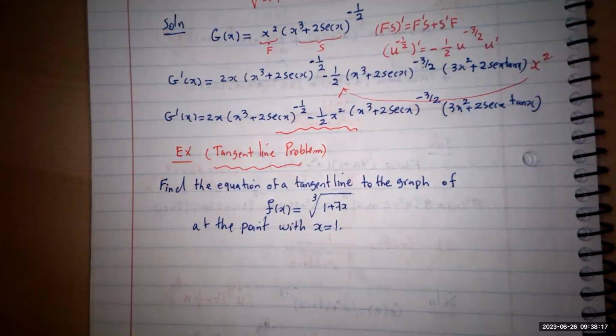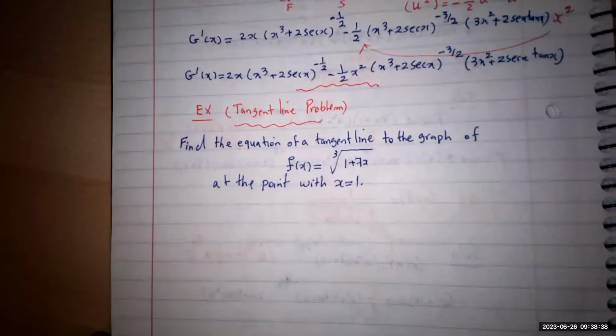Then we have to find the slope. The slope is the derivative of the function. This is where the chain rule is coming in, because you have to rewrite it as (1 plus 7x) to the 1/3, and for that case, you have to use the chain rule.